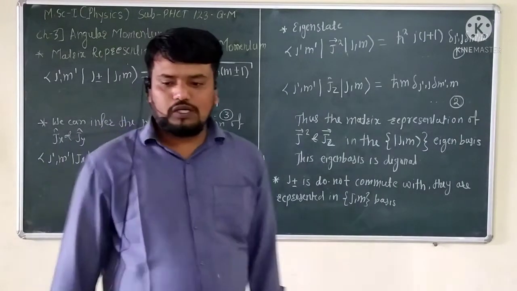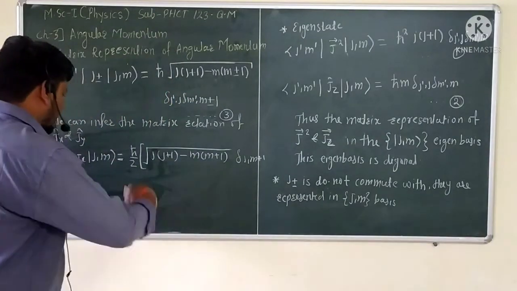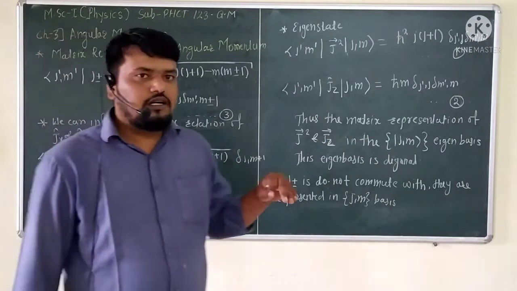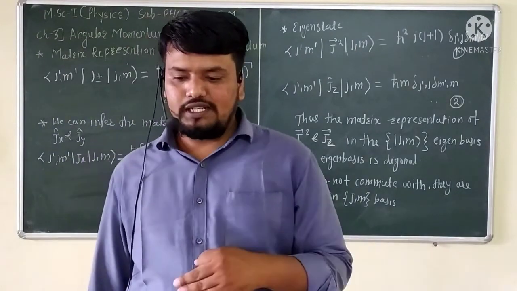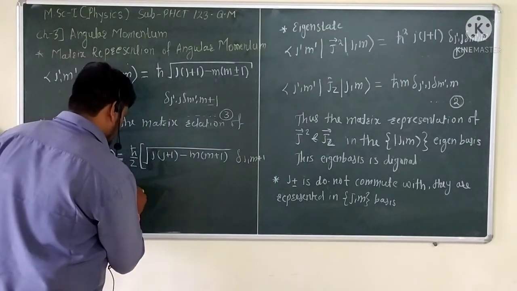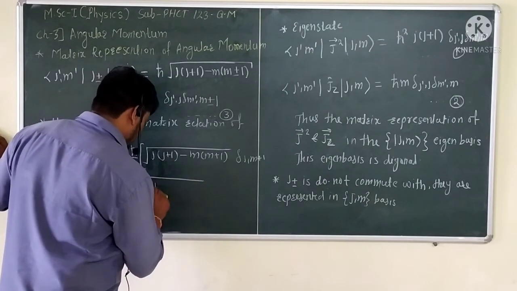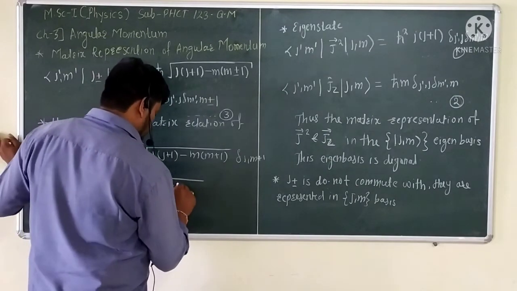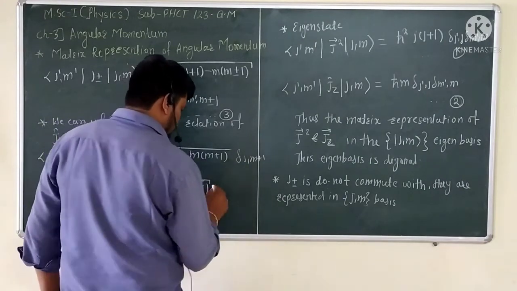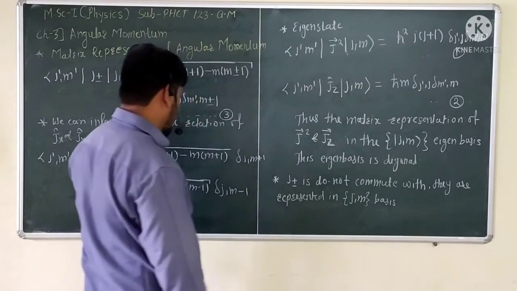For the j minus operator, jx depends on both j plus and j minus, so that's why the plus sign is there: plus the square root of j into j plus 1 minus m into m minus 1, times delta j comma m minus 1.